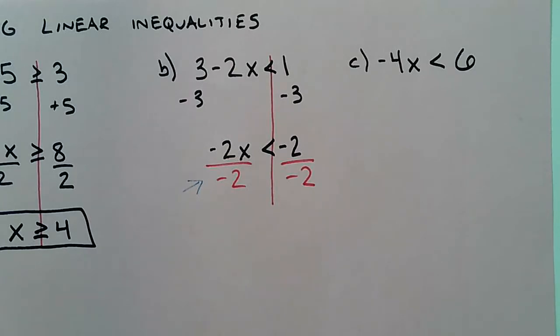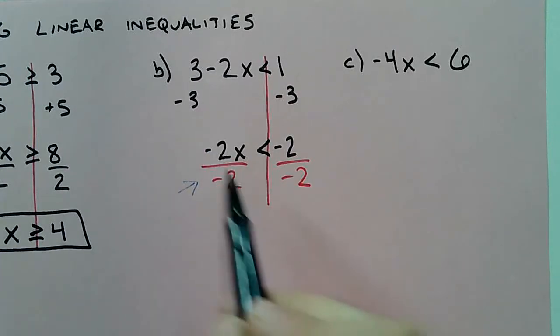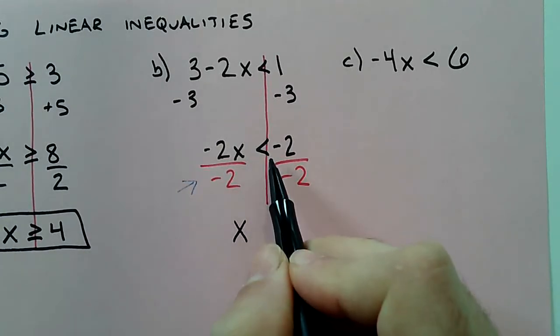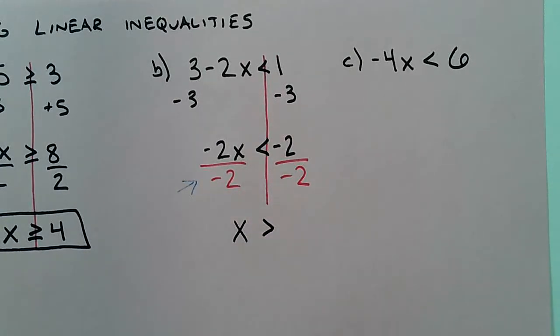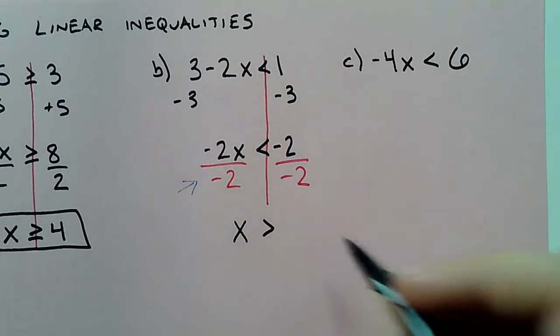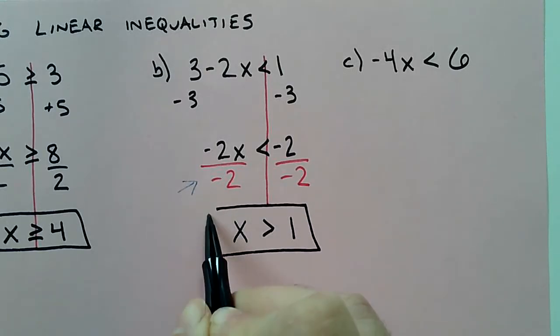If at any time solving inequalities we divide or multiply by a negative value, we have to flip the sign around. If you remember that from 7th grade. So -2 divided by -2, x stays x, but instead of this less than symbol, I'm going to switch it around to a greater than symbol. -2 divided by -2 is 1. Here's my solution set.